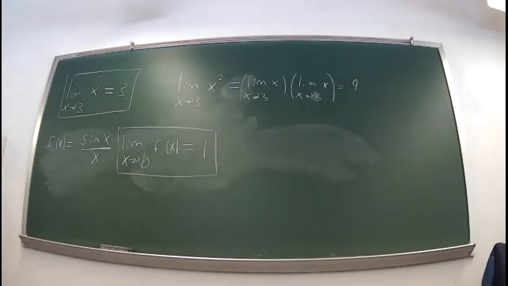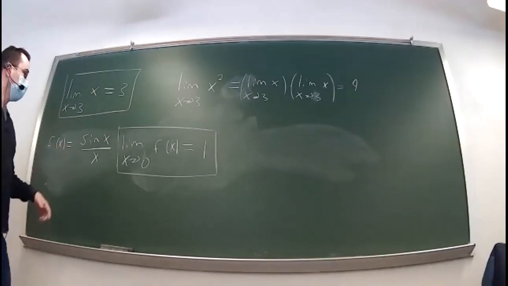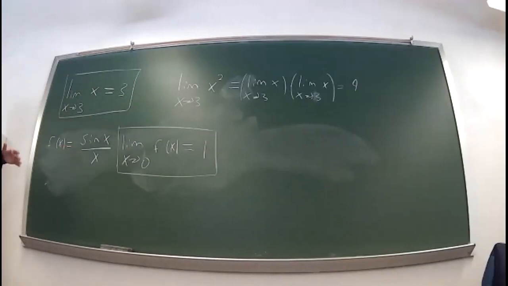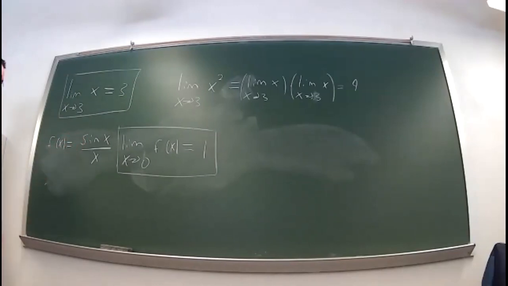We found that out by drawing the graph of sine x over x on the graphing software and just observing it, seeing that the answer was equal to 1. So even though sine x over x is not defined when x equals 0, it's something we call an indeterminate form. It's also true that the limit is still equal to 1, that is to say, the y values there approach the number 1 as x approaches 0.